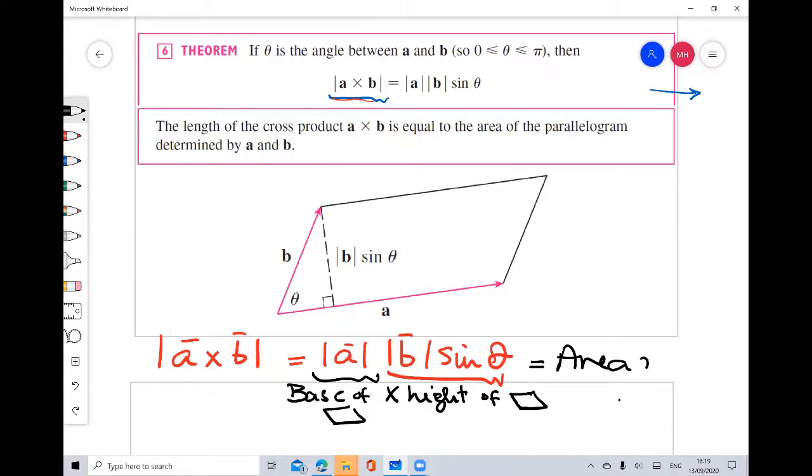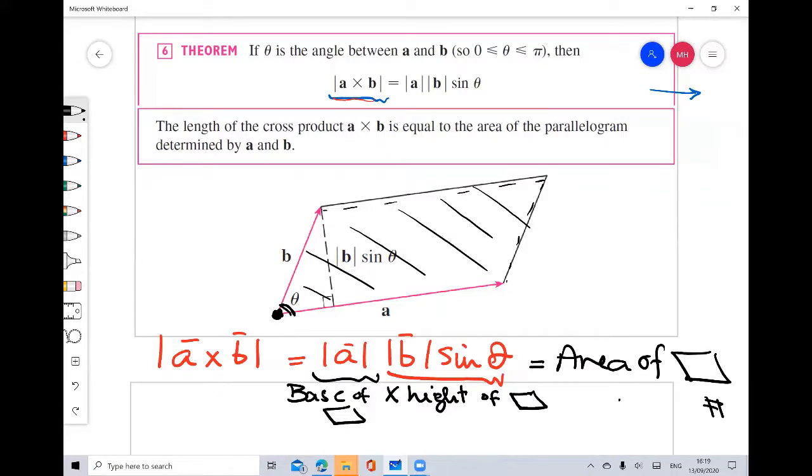So this is one of the applications directly. If I have two vectors starting from the same initial point, and I complete the parallelogram of these vectors, the area of this parallelogram will be equal to base times height, or magnitude A times magnitude B sine theta, or in other words, it is the length of the cross product between the two vectors, okay?